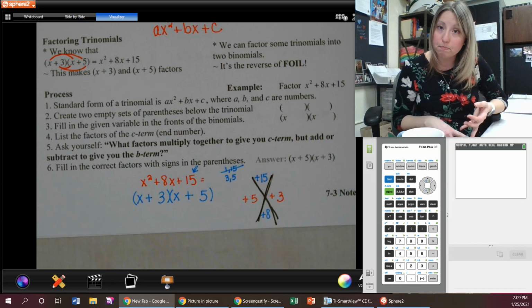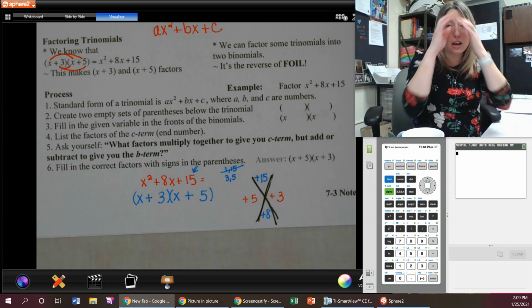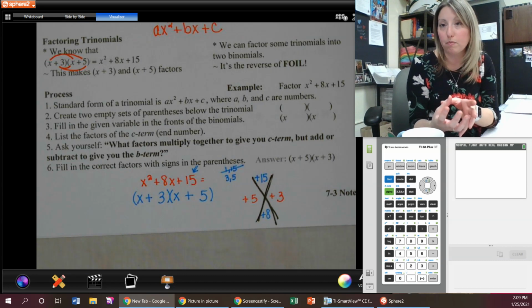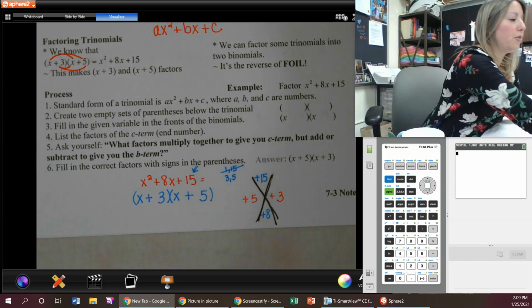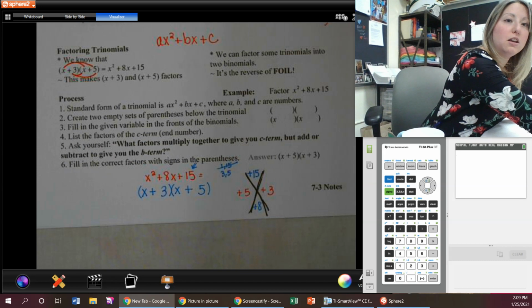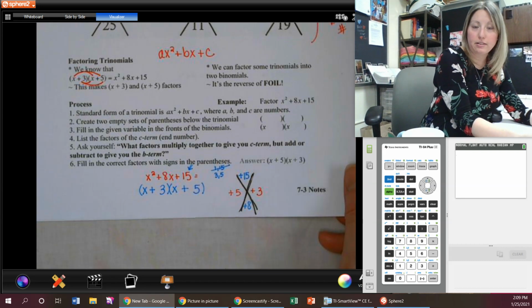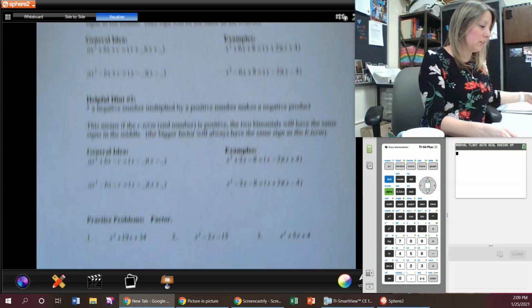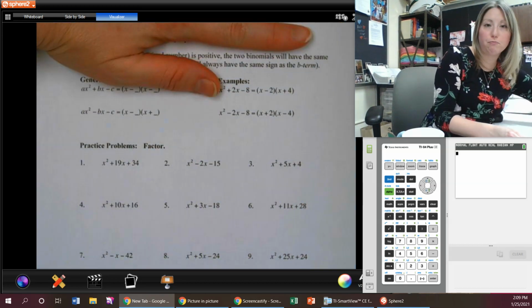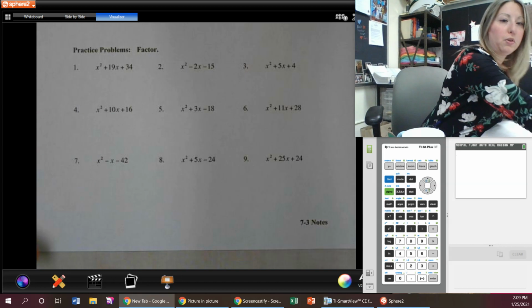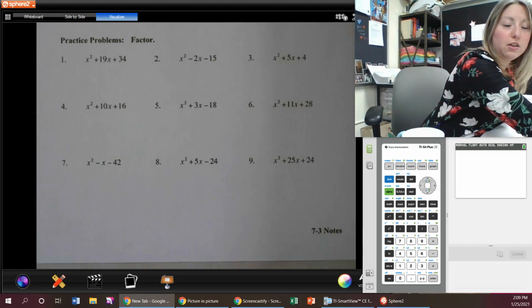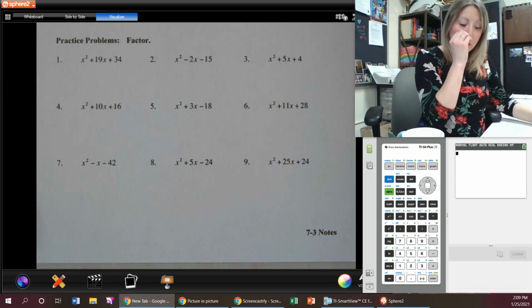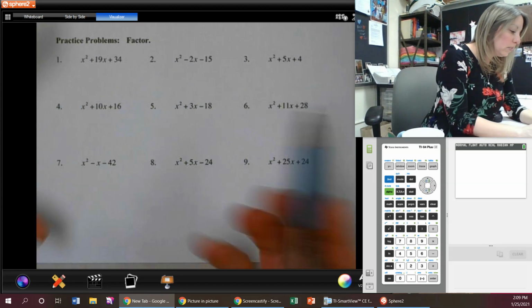It's a lot to process, and the signs end up being the most important thing. That's why we start with those puzzles, to get us in the right mindset. So then we'll do lots of examples, and I'll go back to the helpful hints after I get started with the examples. In the examples, I'm just going to be factoring. Okay, so now let's start here.